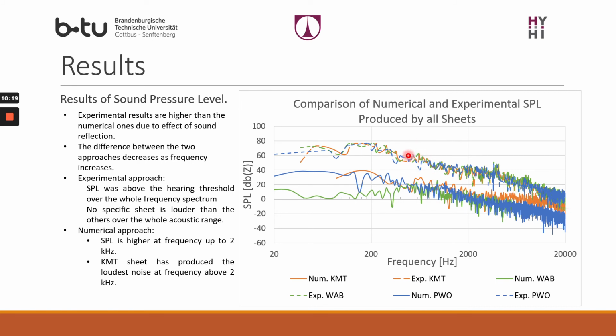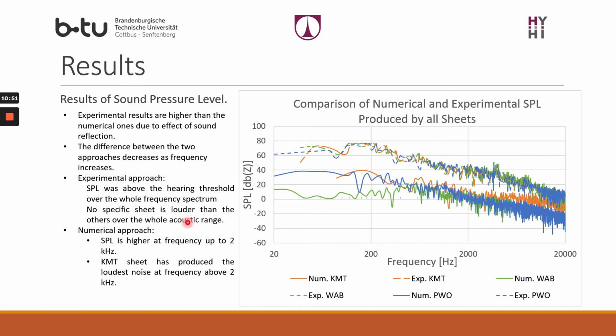Moreover, it is also interesting to notice that the experimental data gave sound pressure levels that are higher than the hearing threshold over the whole acoustic range. However, this was not the case for the numerical results, since they fall below the hearing threshold at frequencies starting from 2 kHz.